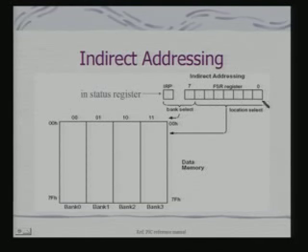Once you have loaded the FSR register with this value, you need to access the INDF register. Once you access the INDF register, PIC actually uses the address in the FSR register to access the operand in the memory. So you can see that indirect addressing in the PIC requires not only one instruction, but 2 instructions for specifying the address.